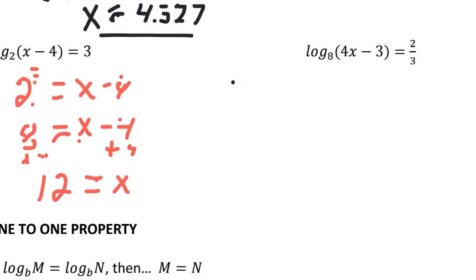Slide this one in a little bit. And 8 to the 2/3 equals 4x minus 3. And 8 to the 2/3 is going to be 4.